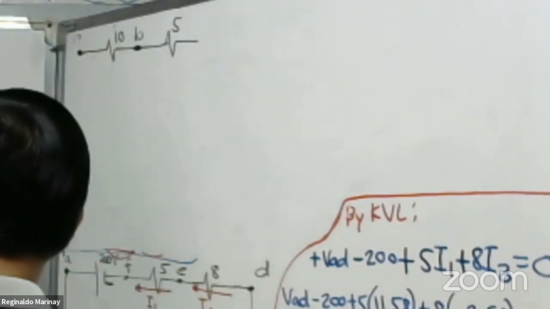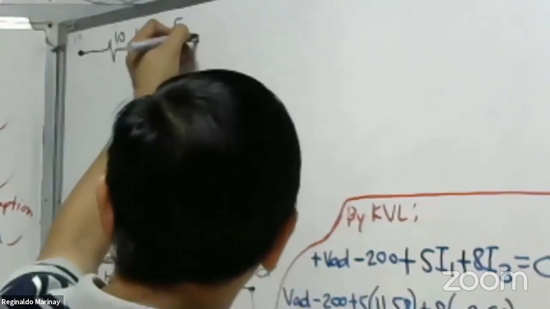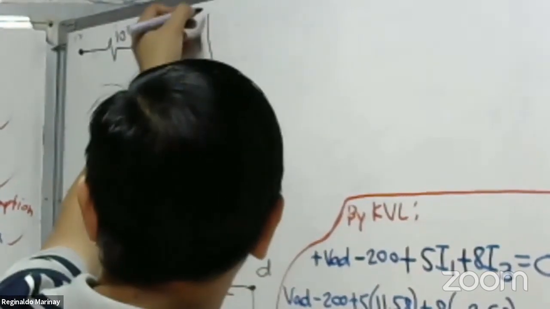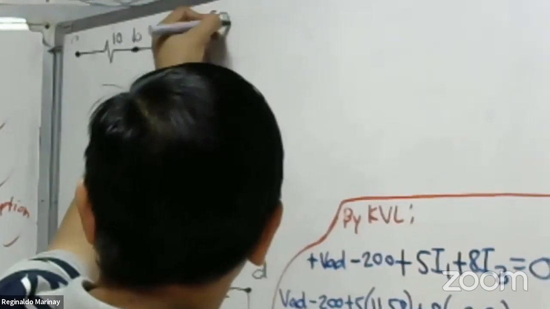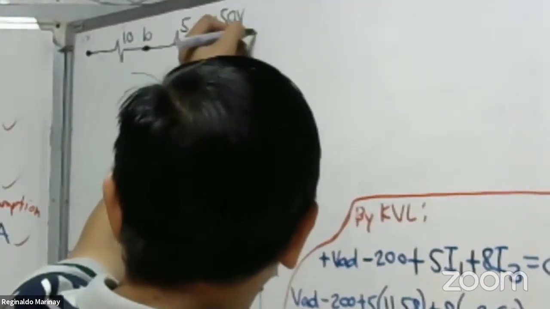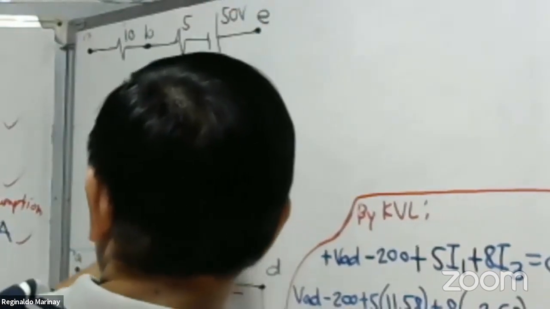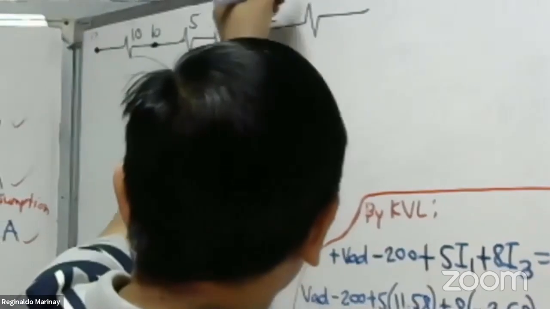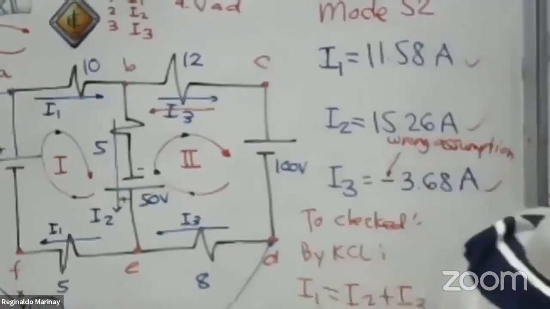There is a 5 ohm resistor and that is connected to the negative of the 50 volts and the positive of the 50 volts is connected to point B. And point B is connected to 8 ohm resistor, then to point D.